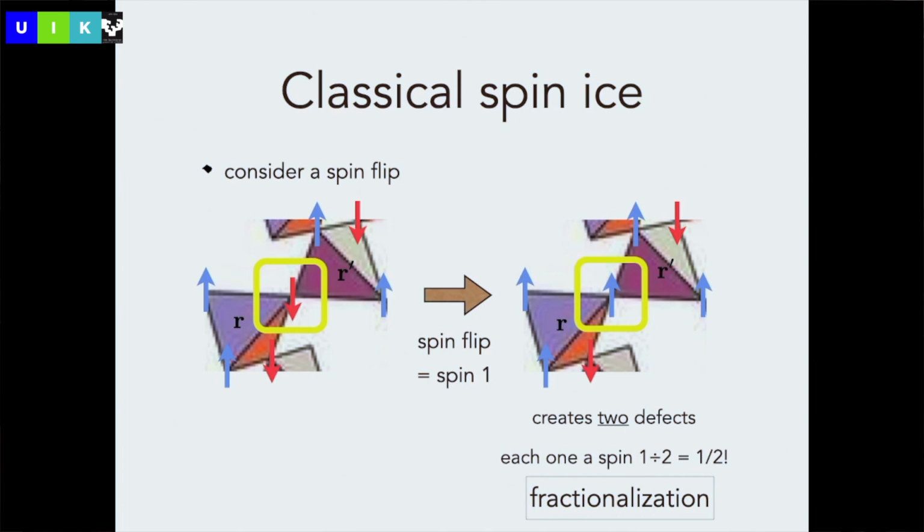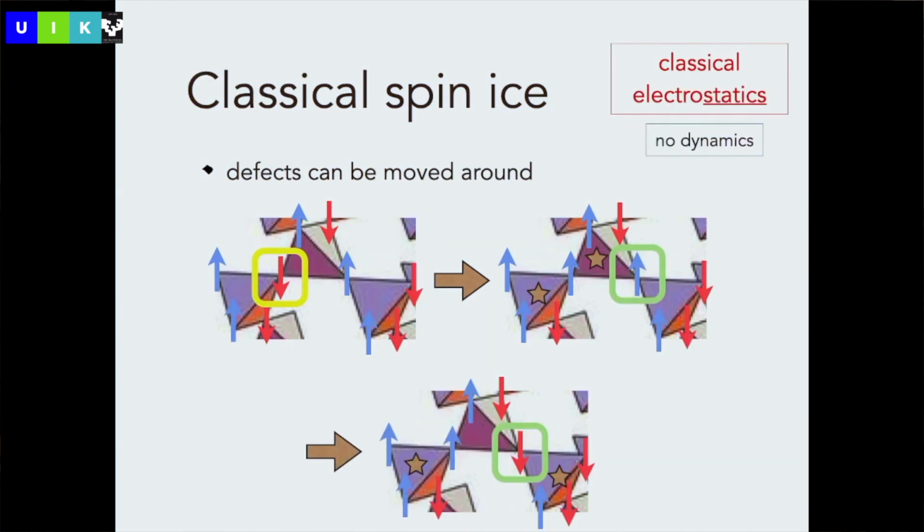And so this is exactly this notion of fractionalization, which in a quantum spin liquid you can separate these two tetrahedra infinitely far away, and they're only going to be related by a gauge field. So let me show you this, okay?